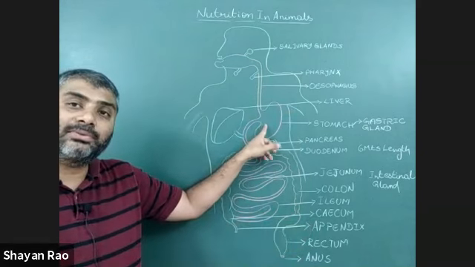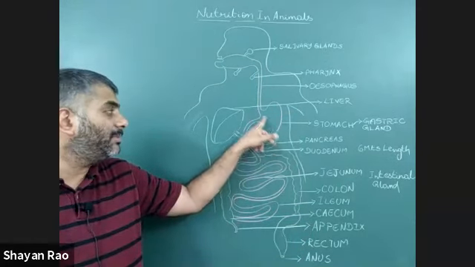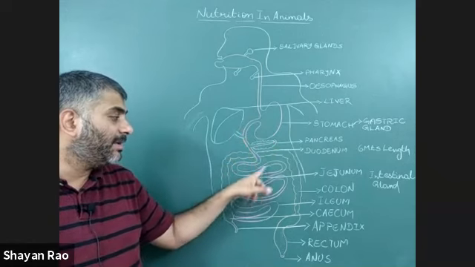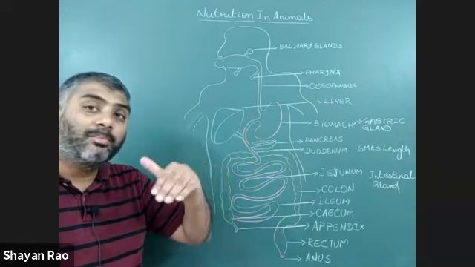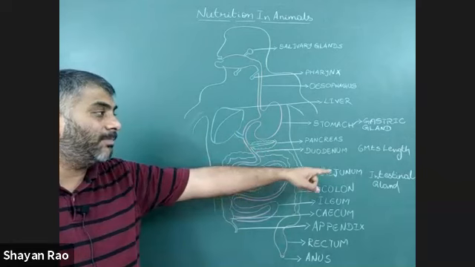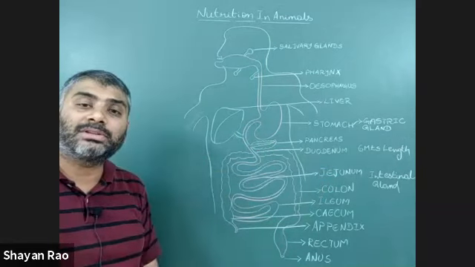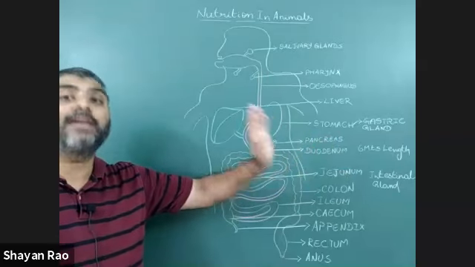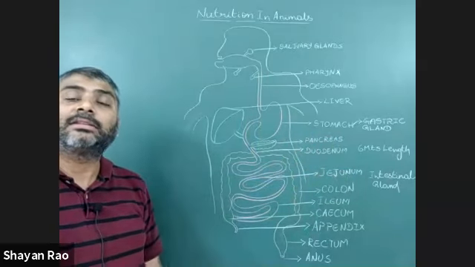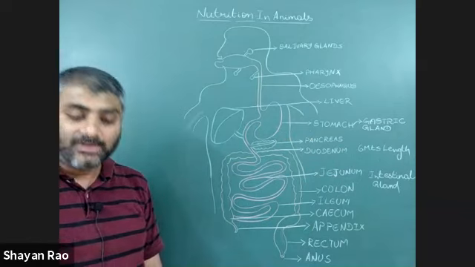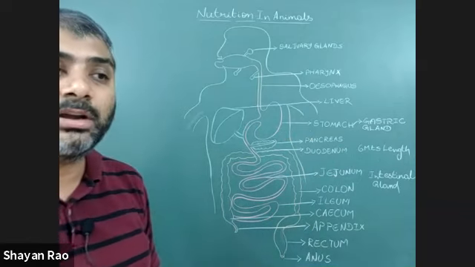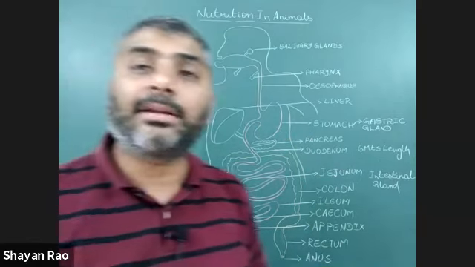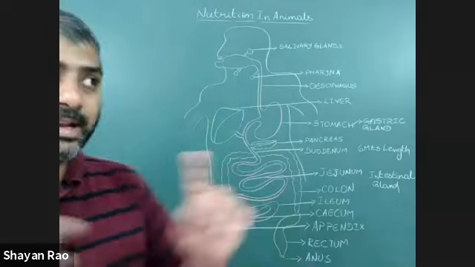Some percentage of the food gets digested in the stomach. From there, the food comes into the duodenum, jejunum, and ileum, where the complete digestion of the food takes place with the help of the intestinal gland secreting the intestinal juices. That intestinal juice we call succus entericus. We'll come to that part later.